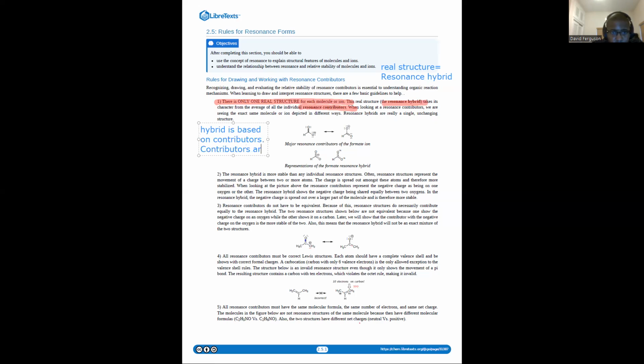Contributors are Lewis dot structures. There we go. So that's that. And I'm going to take that and make this just a tad bit smaller. List of structures. There we go. That's the annotation right there. So let's keep reading.